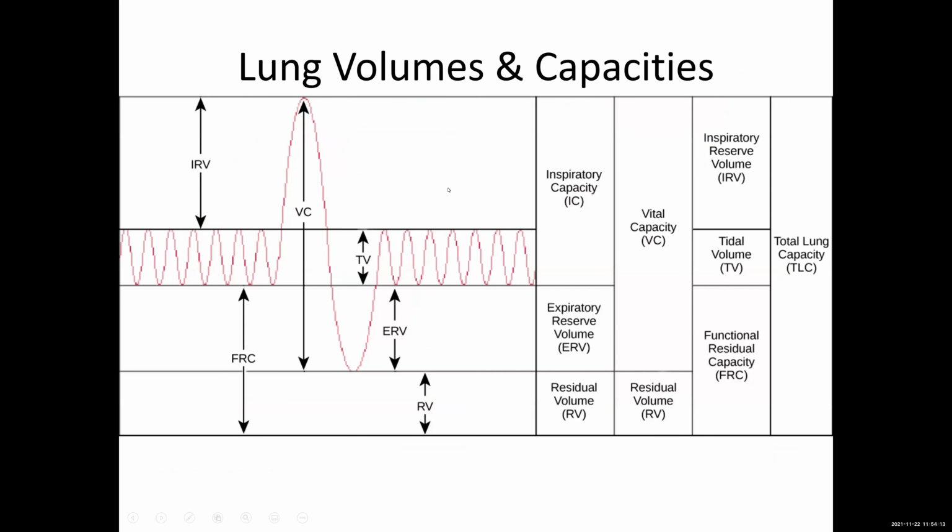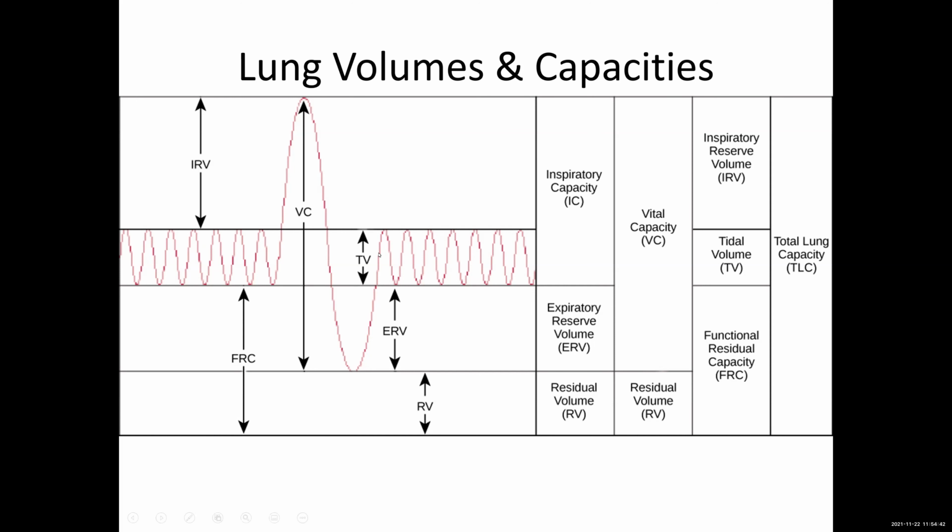So there's a series of volumes that we can calculate for a patient, and then the capacities, or these sort of calculated things. So when we're resting and our breathing is calm, right? We're not trying to take super deep inhalations or exhalations. That's our normal range of breathing in and out, and we call that the tidal volume, like the tide going up and down.